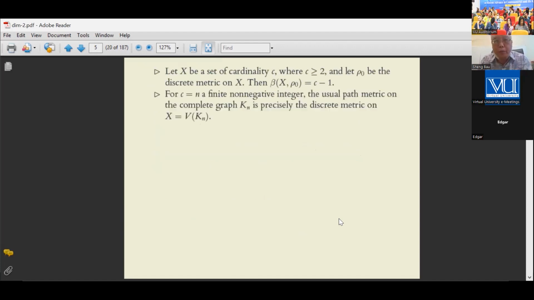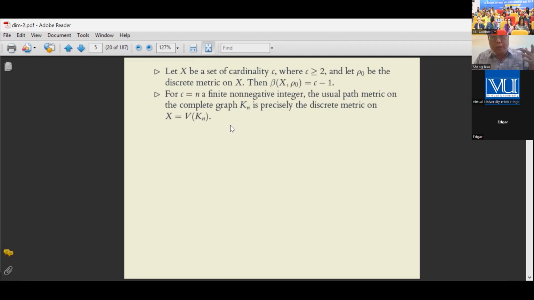Now, these examples are not important, by the way. The important example, for example, is the finite complete graph as a metric space, or infinite, then cardinality. You can have countably infinitely many vertices, and a complete graph that is not locally finite.